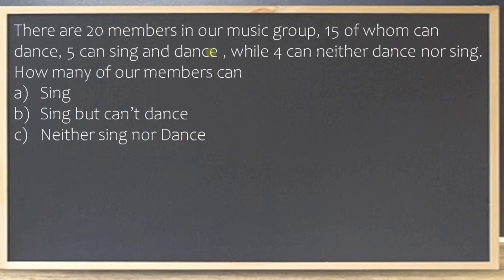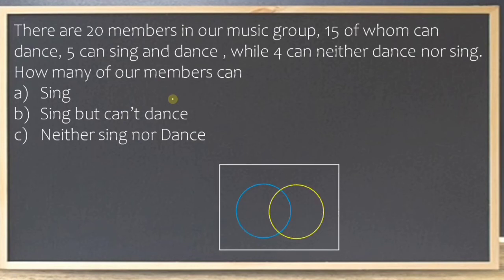To solve this problem, we are going to use the Venn diagram. In using the Venn diagram, the first thing we do is draw our rectangular shape, which represents the universal set. We also draw the sets that represent the subsets of that universal set. If you look at this problem, we have two subsets of this universal set.